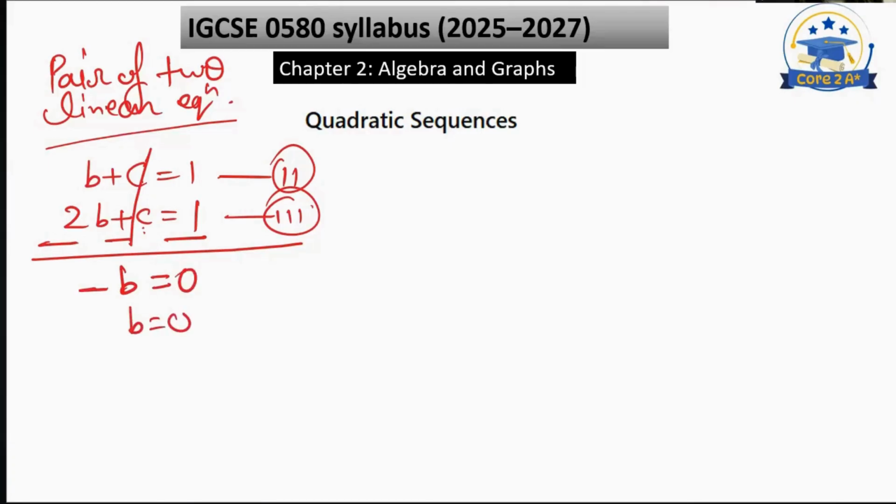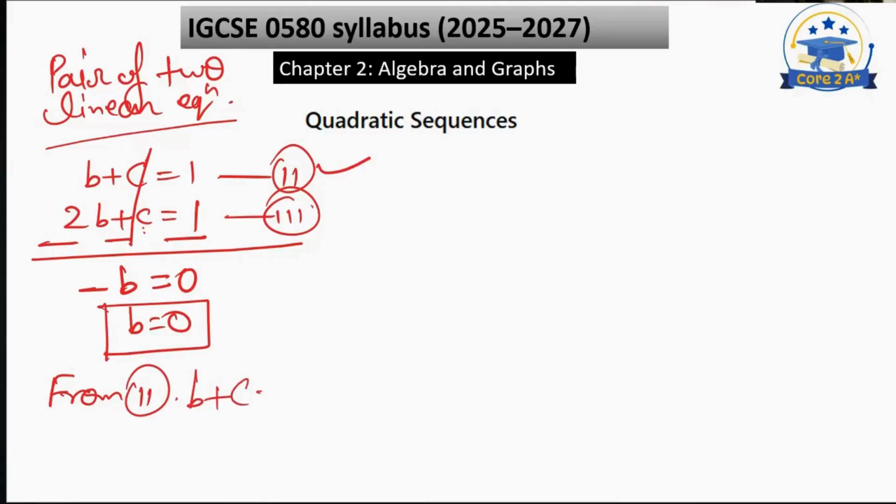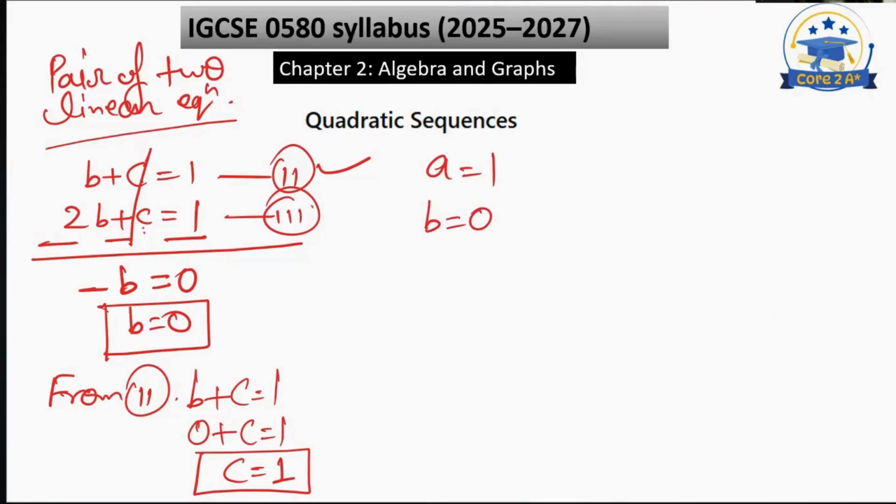So B equals what? 0. Now how to get C? You know that from equation 2, either from 2 or 3. So from 2, B plus C equals 1. Put B equals 0, plus C equals 1. It means C equals 1. Yes, now we have A equals 1, which we have already found. B equals 0, C equals 1.